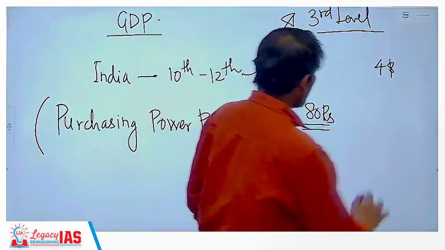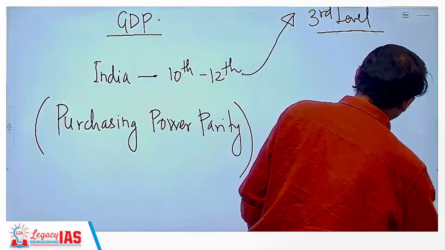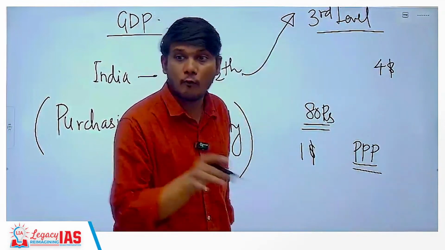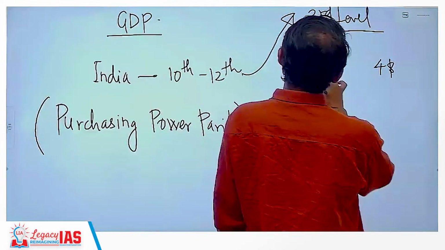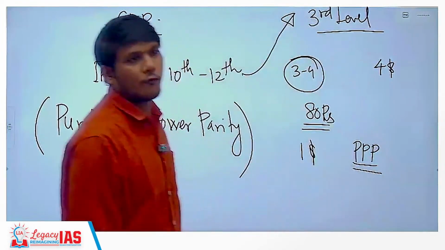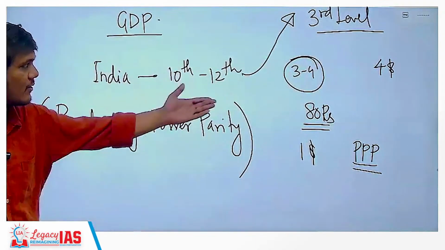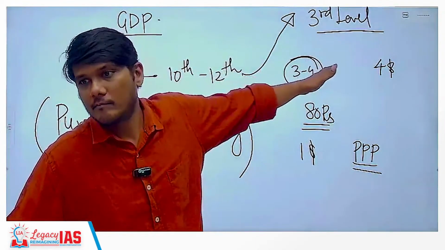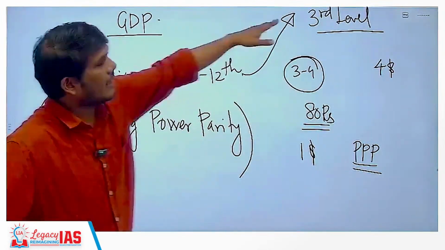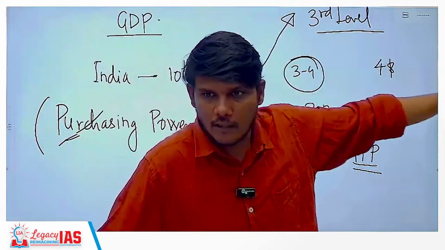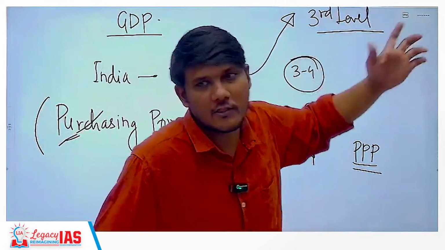But the moment you add the purchasing power parity factor, our GDP is how much? $4, right? So it gets multiplied by a factor of 3 to 4. So if your GDP is X, it gets multiplied by 3. It becomes 3X. So in terms of purchasing power parity, India was 4th, now it has reached 3rd level.